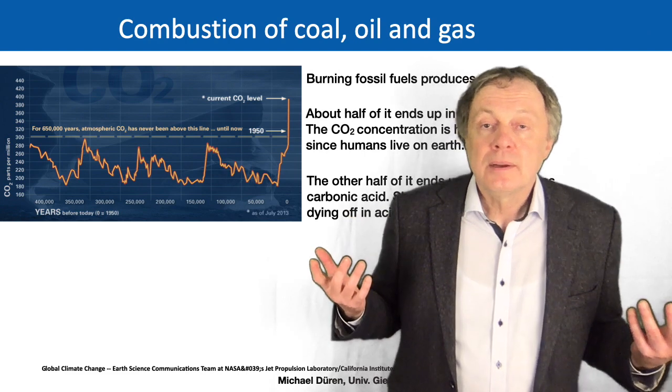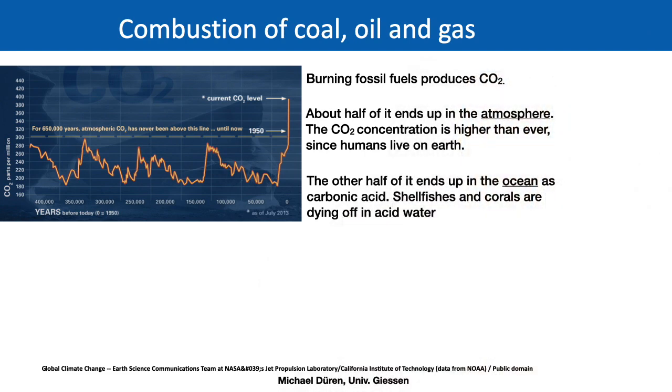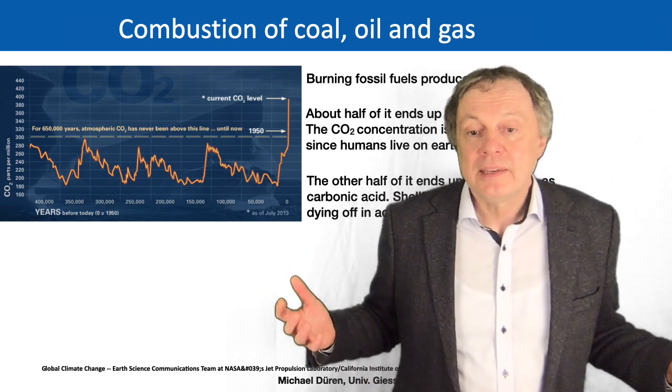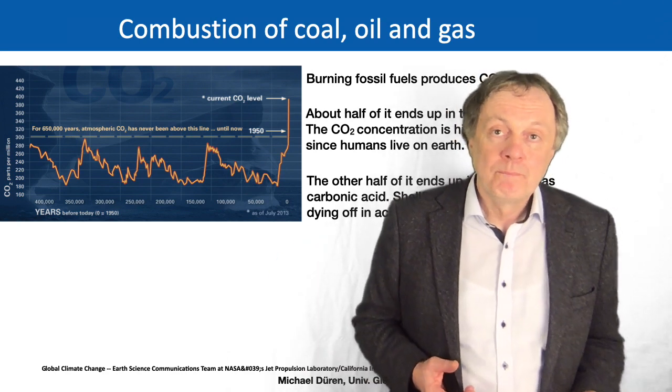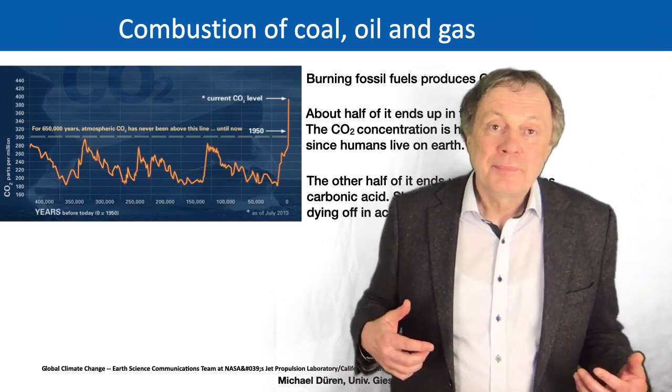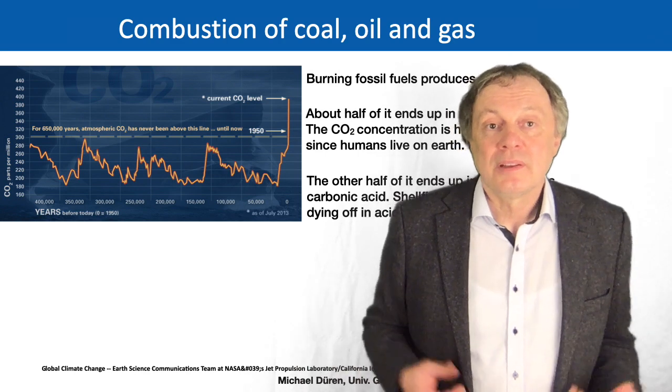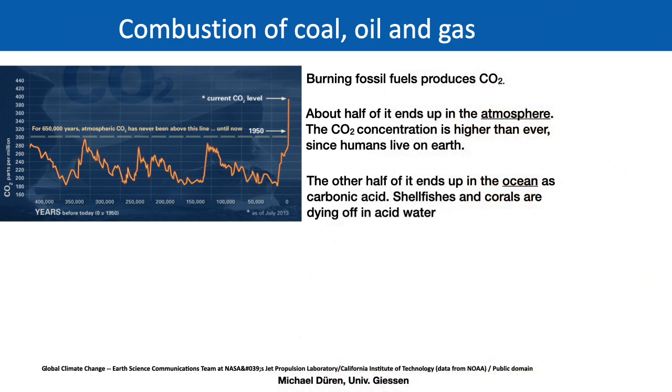What does it mean? Half of the CO2 will end up in the atmosphere. This makes the greenhouse effect stronger than it ever was. It has never been so high since human beings are living on this planet.